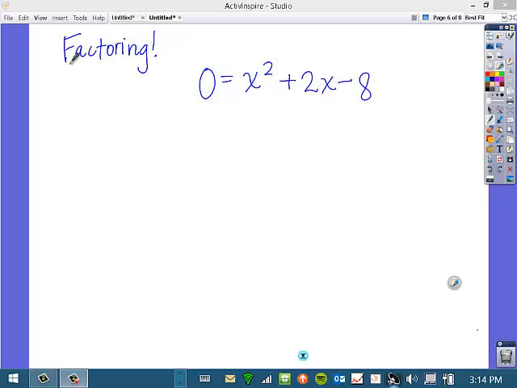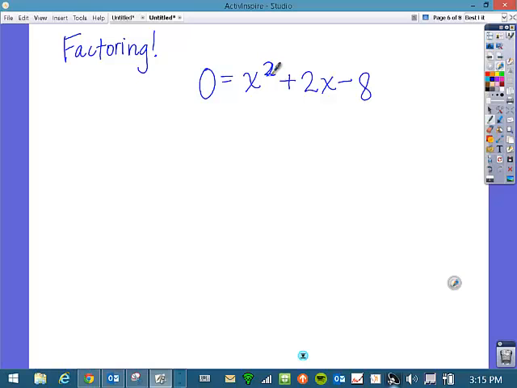So we factor things that are quadratics. They have an x squared term. And the way that you are going to factor is you are going to come up with a list of numbers that multiply to give you -8, but add together to equal 2.